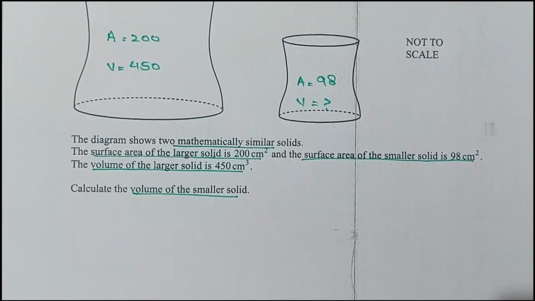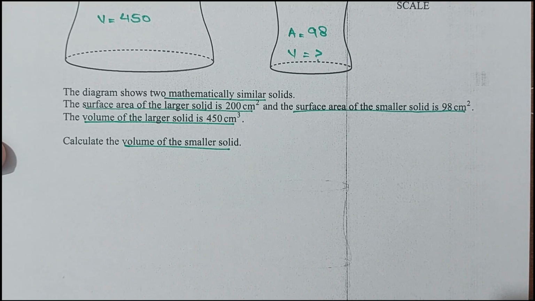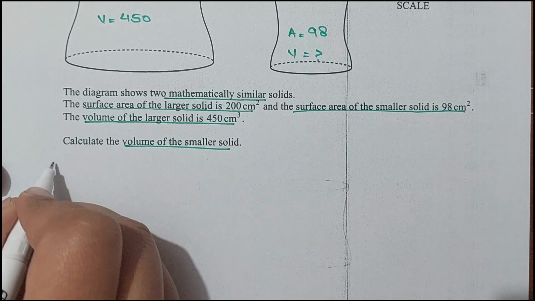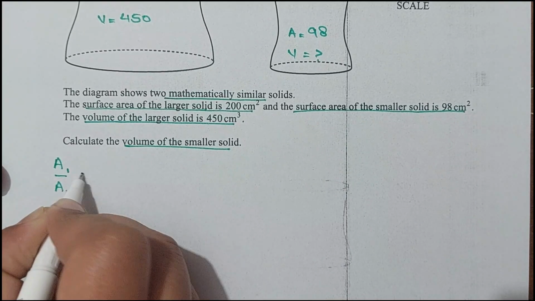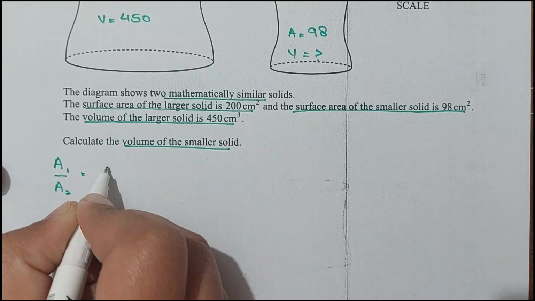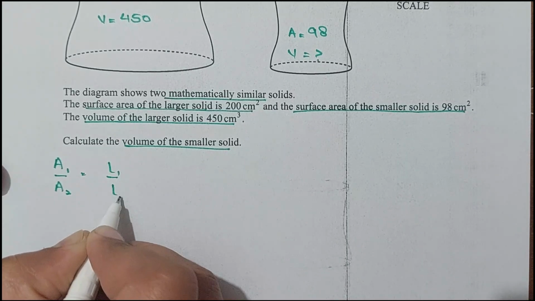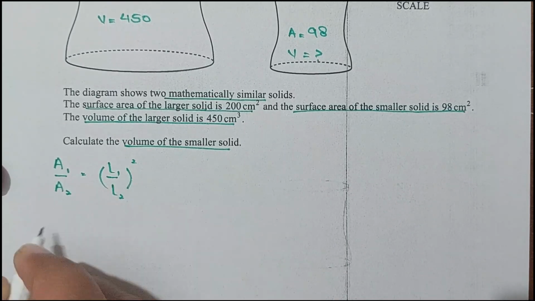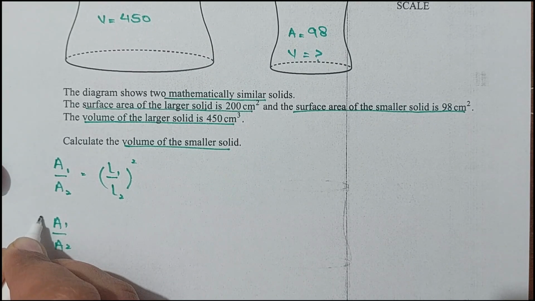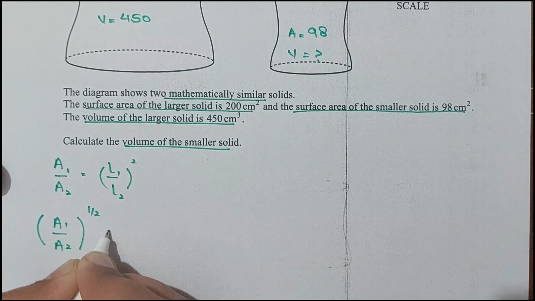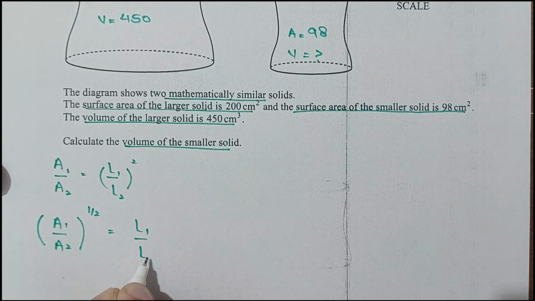Calculate. Okay, let me use a concept of similar, mathematically similar shapes in terms of volume and area. So the area of shape 1 over area of shape 2, its power 1 by 2, this would be equals to the ratio of the length.